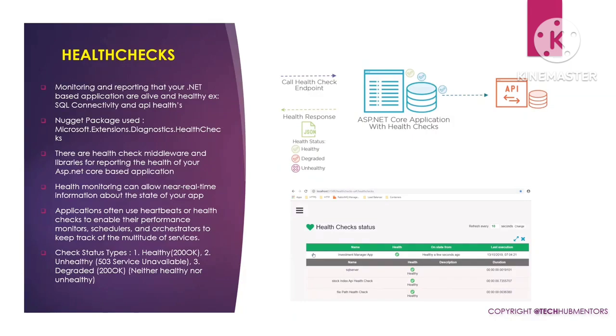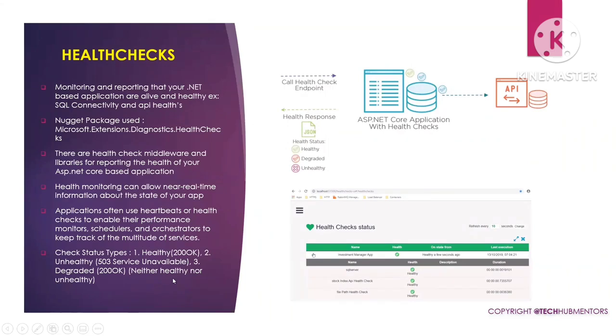It gives you real time information about the state of your app, not static information. Applications often use heartbeats, and we can also refer to health checks as the heartbeats of your application, used by performance monitors, schedulers, and orchestrators to keep track of the multitude of services.